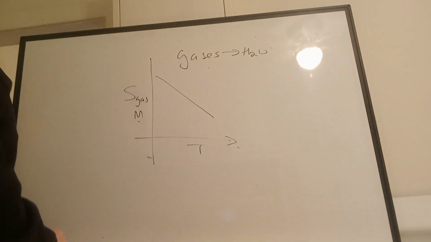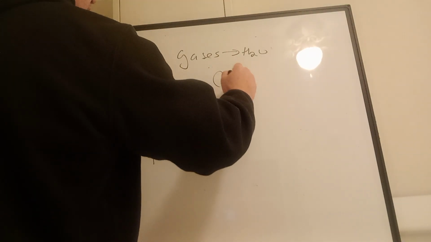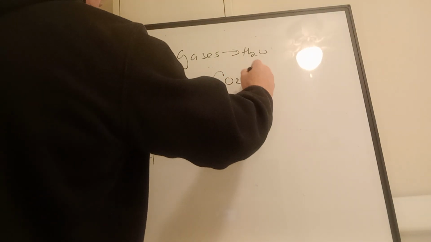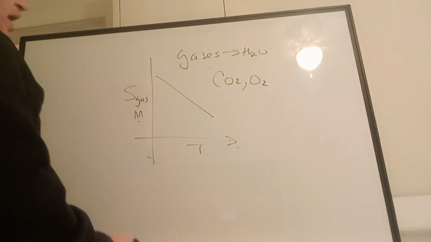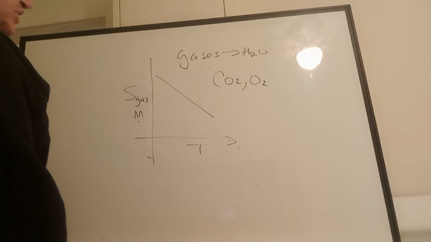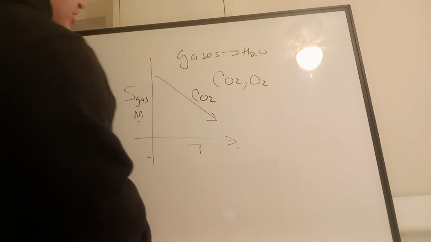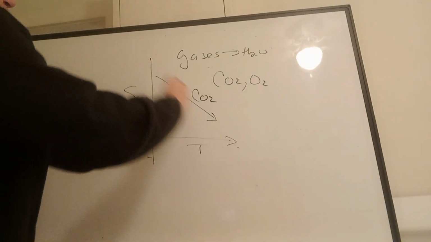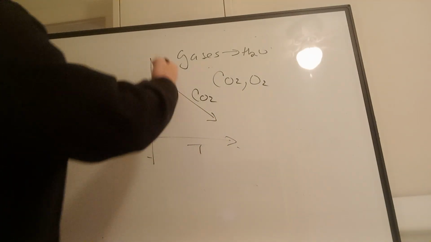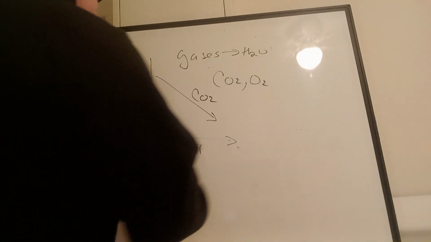So at a higher temperature, you'll have a lower molarity of a gas like CO2 or O2 in the water than you do at a lower temperature. So it decreases with increasing temperature. This could be something like carbon dioxide or oxygen and so forth. Almost exclusively, the concentration decreases with increasing temperature.